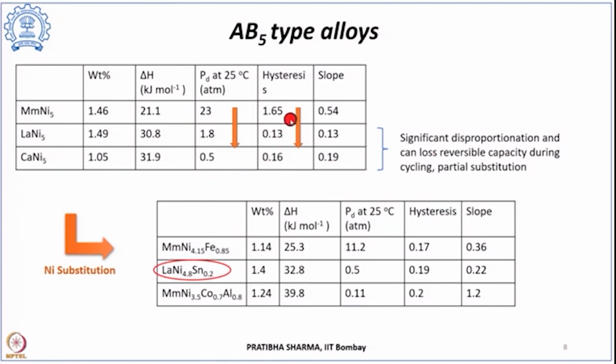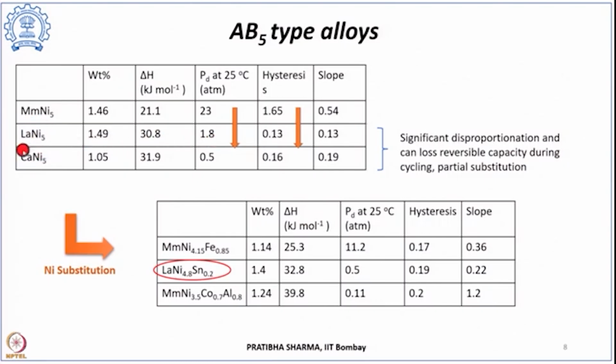At the same time, this substitution on the A side reduces the hysteresis. So, from 1.65 it has reduced to 0.13 and then it has slightly increased to 0.16. At the same time the slope of the plateau has also reduced and then increased in CaNi5. Now, this shows the effect of substitution on the A side.